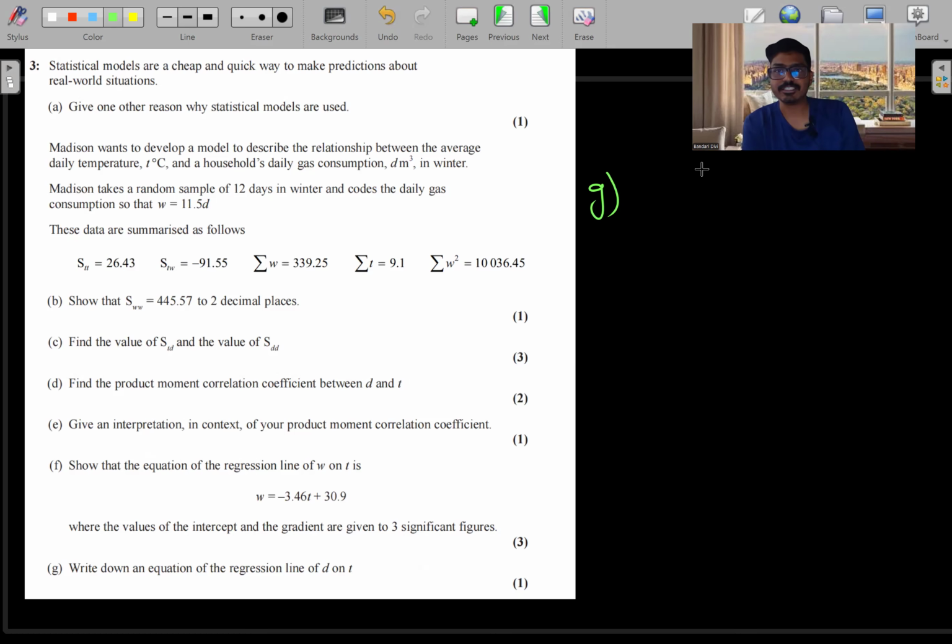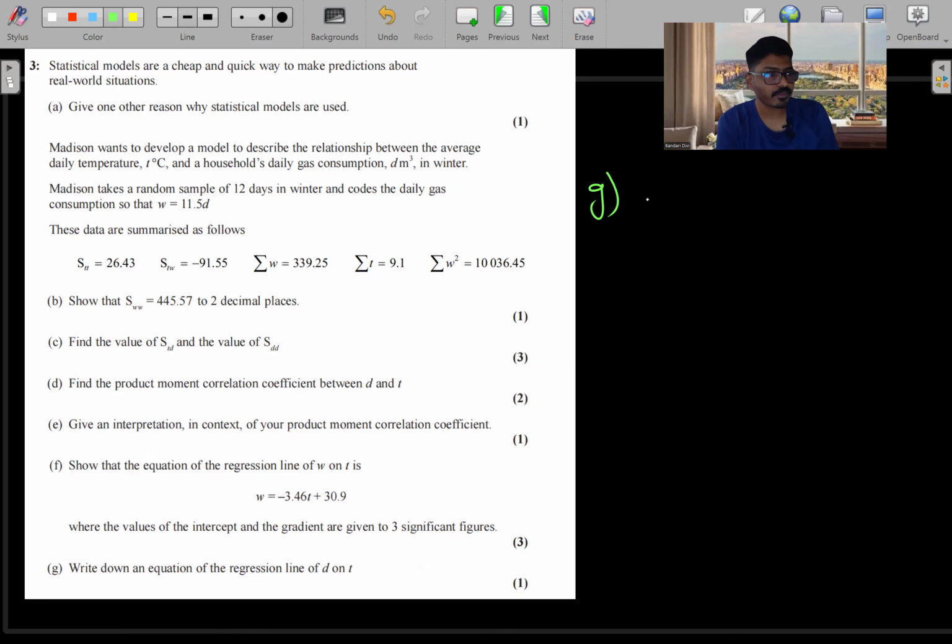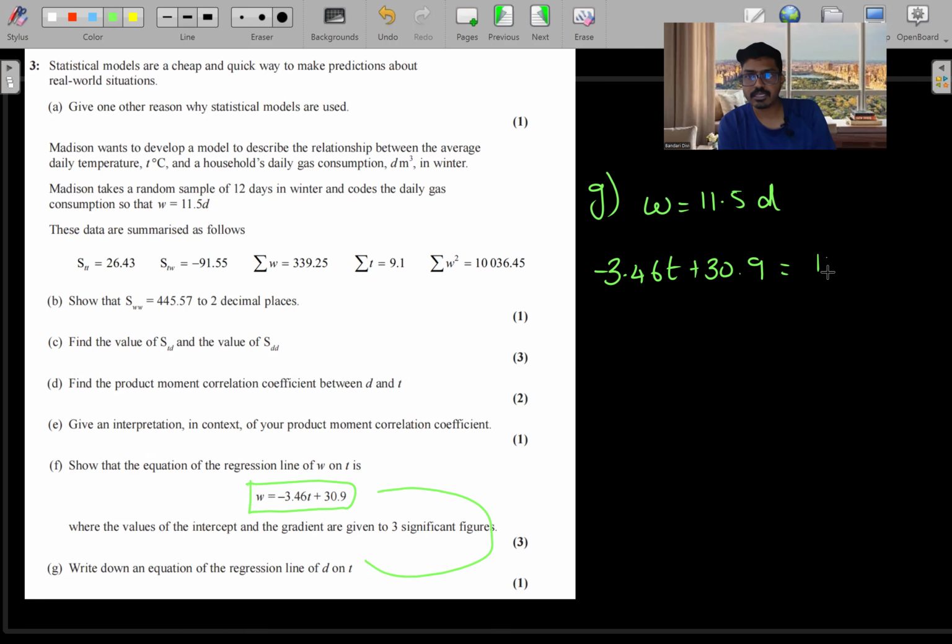For part G, W is equal to 11.5 D. We have to write down the regression line of D on T. We don't have a direct relation for D on T, but we know W is equal to 11.5 D. And from the previous part, all the questions are interlinked, D and F and G. So here in the place of W, I'll write minus 3.46 T plus 30.9, which is equal to 11.5 D. We need to calculate D, therefore divide everything by 11.5.